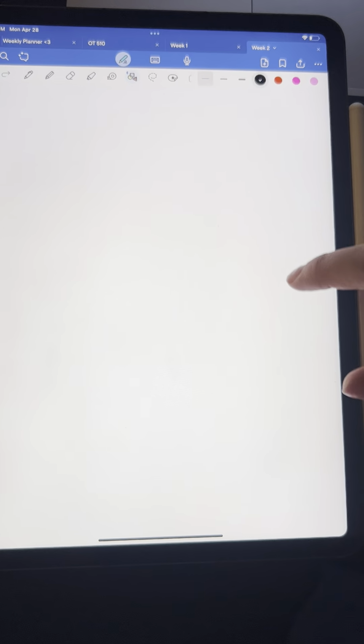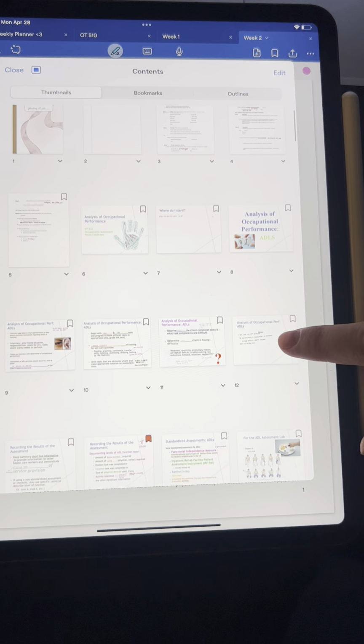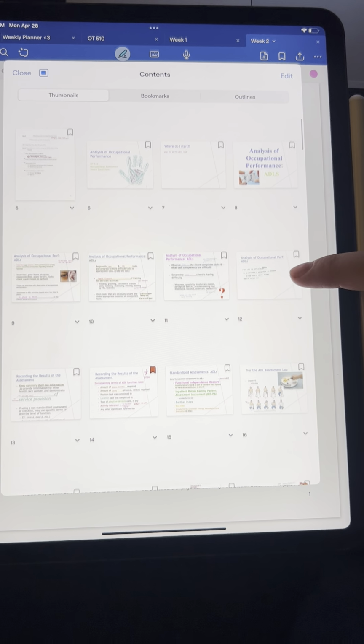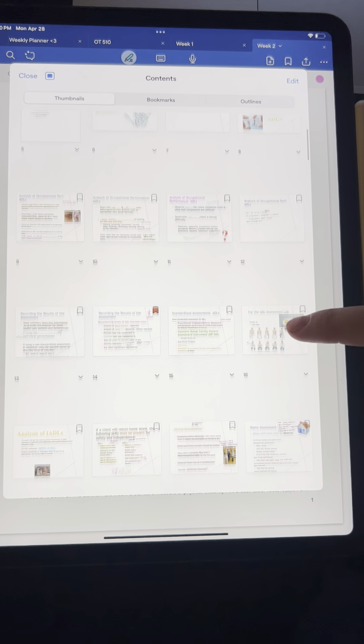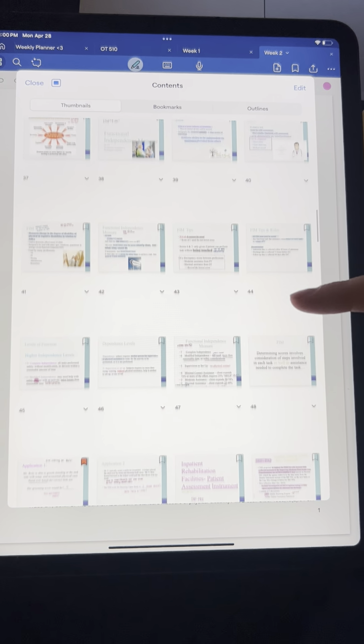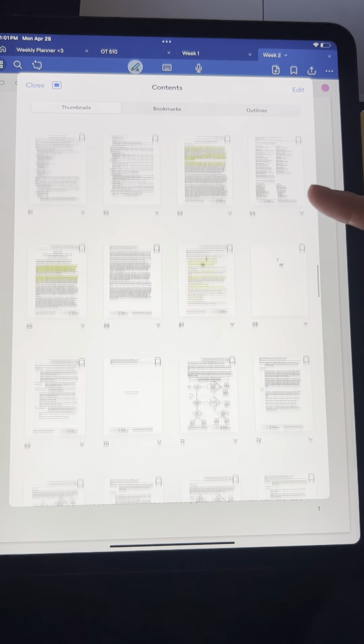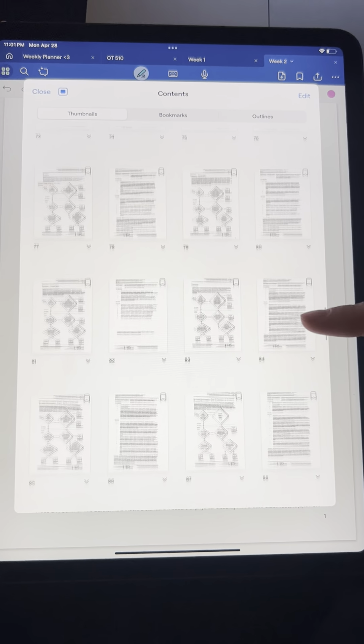Week 2, ADL, IADL, also rehab frame of reference. And then all of the documents alongside.